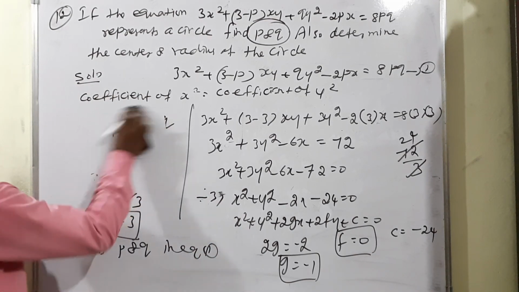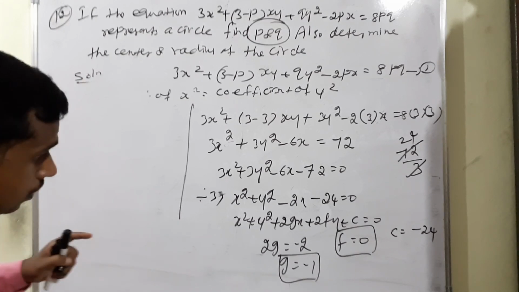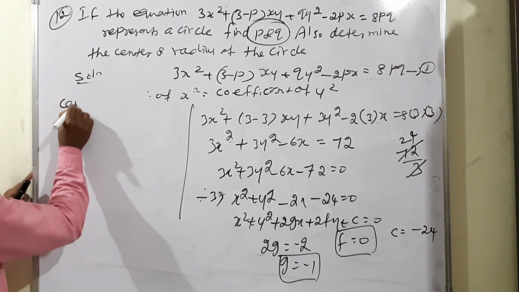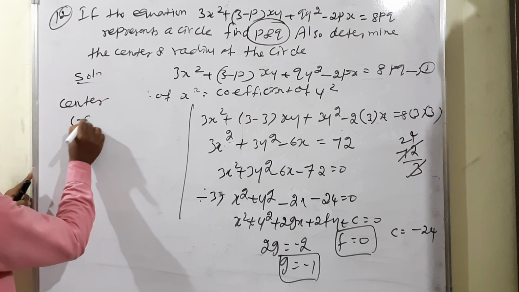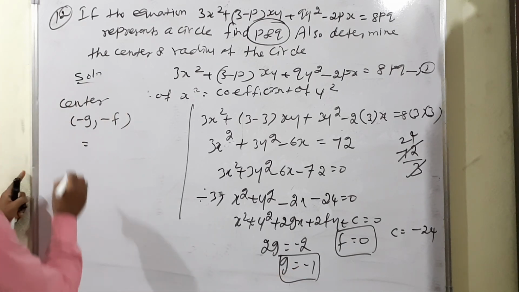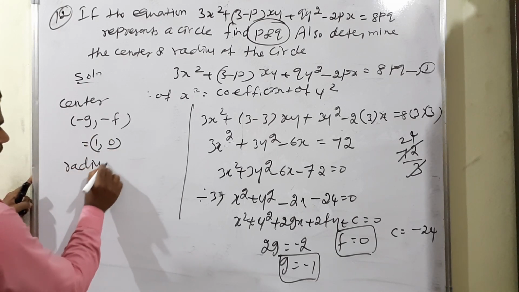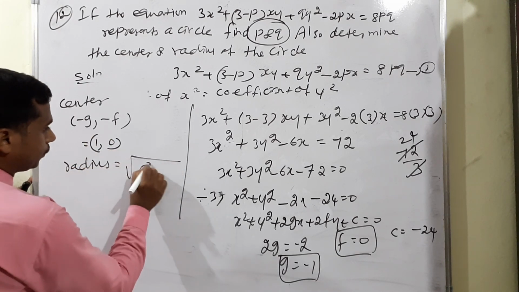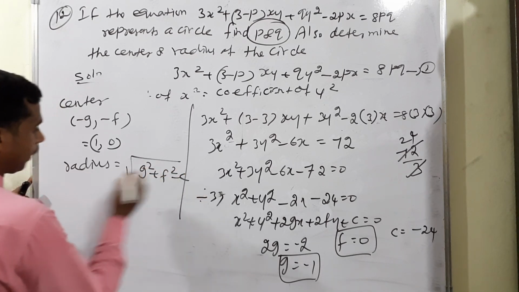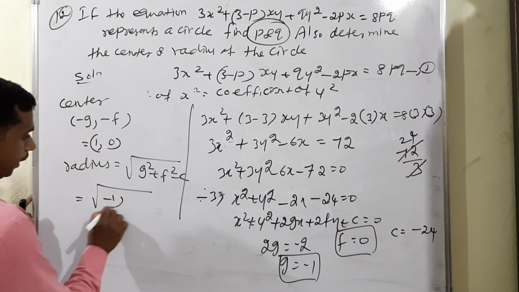Therefore the center is minus g comma minus f; g is minus 1, so it becomes 1 comma 0 as the center. And the radius is the square root of g square plus f square minus c. Again, the square root of g square means minus 1 the whole square.